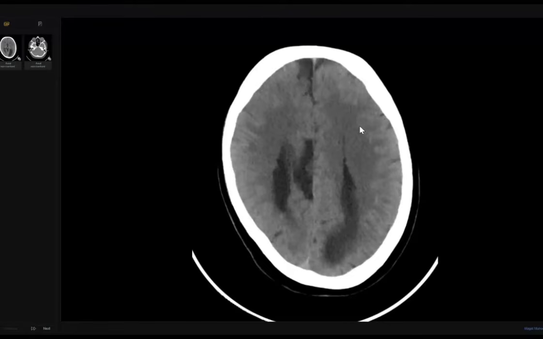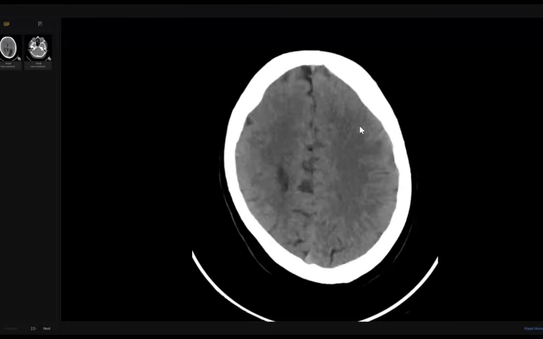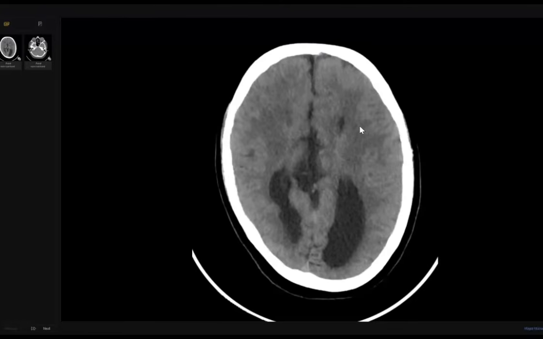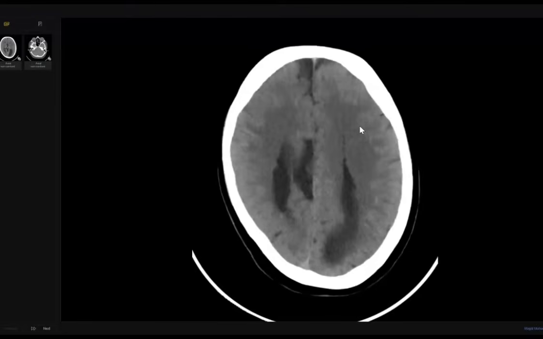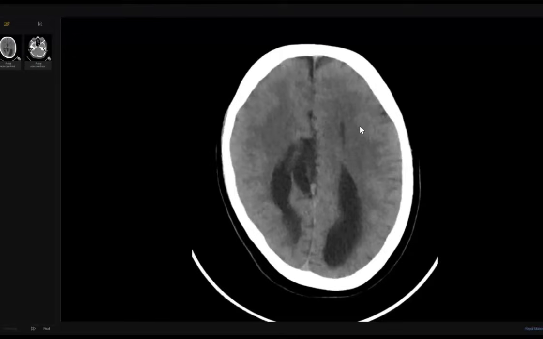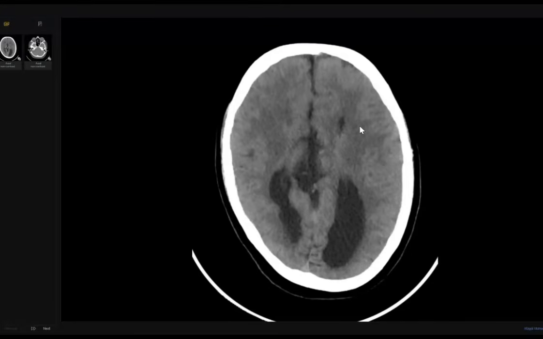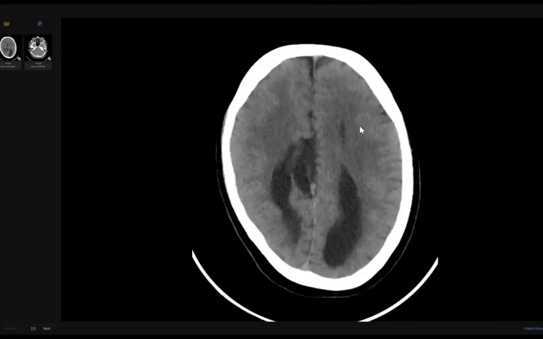Yeah, but what else? What happened to the lateral ventricles? Colpocephaly, it's a sign of idiopathic increased intracranial hypertension.